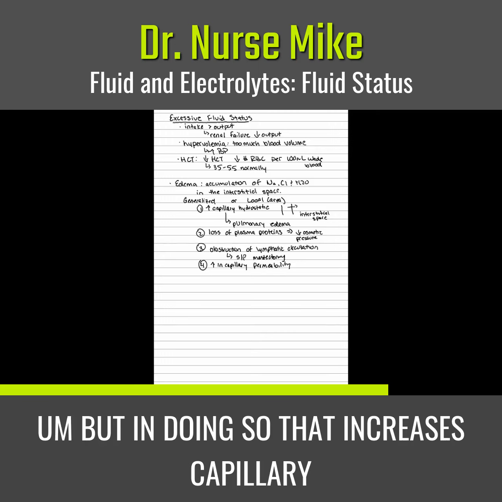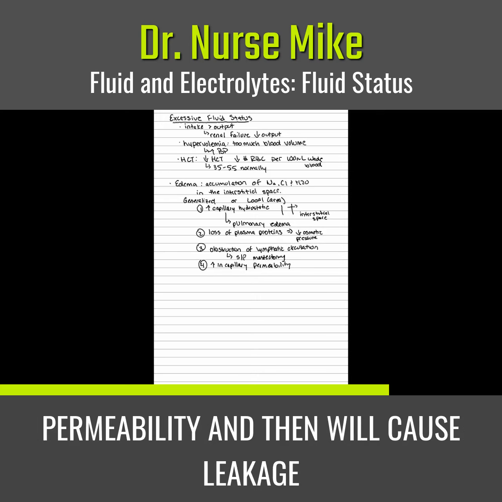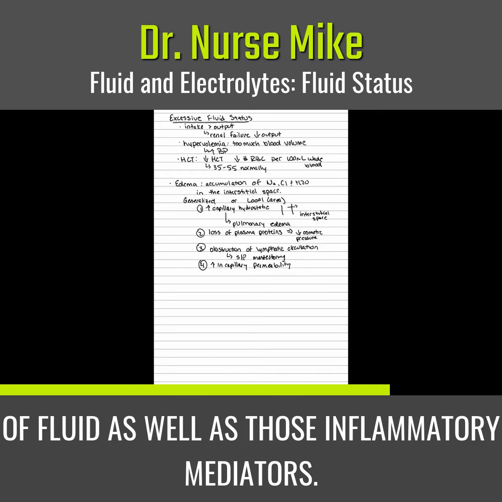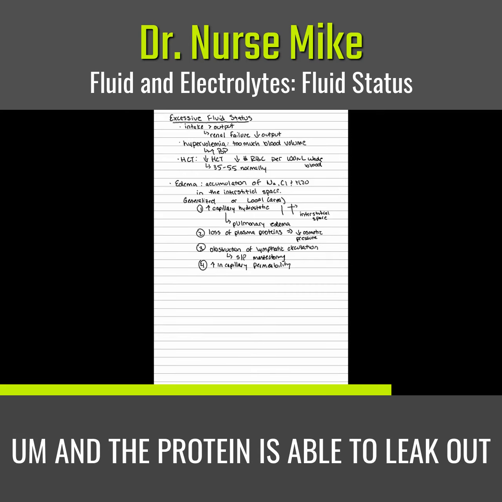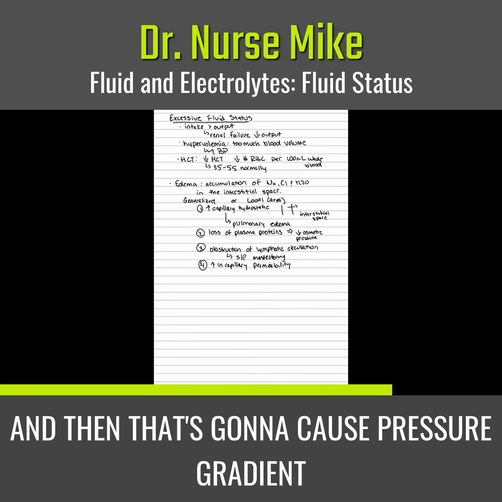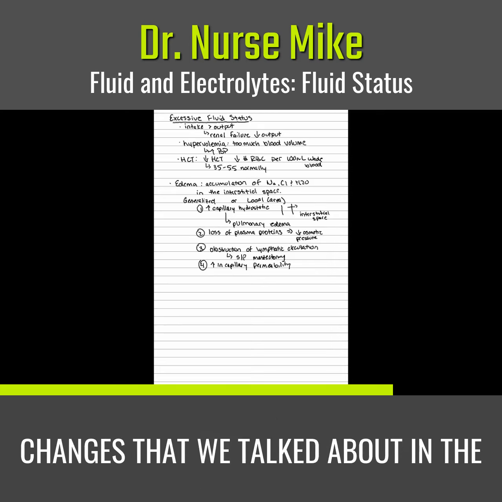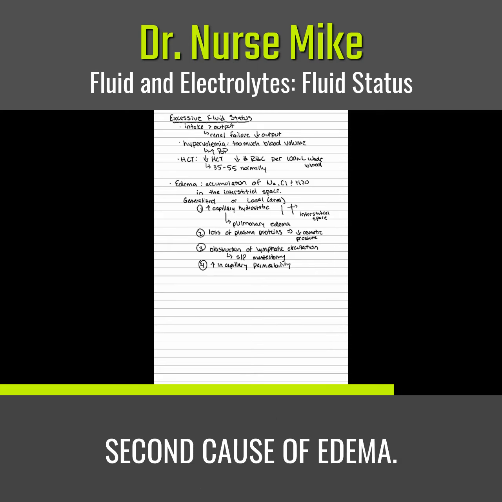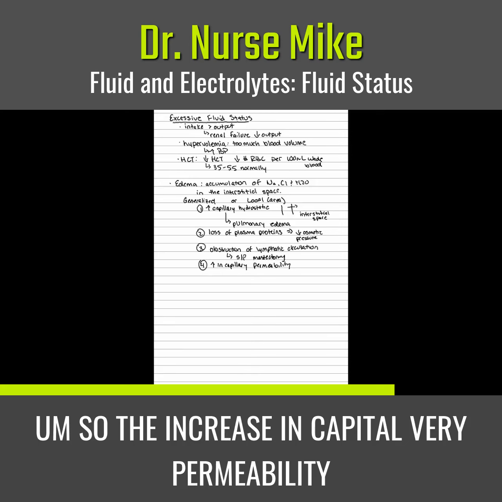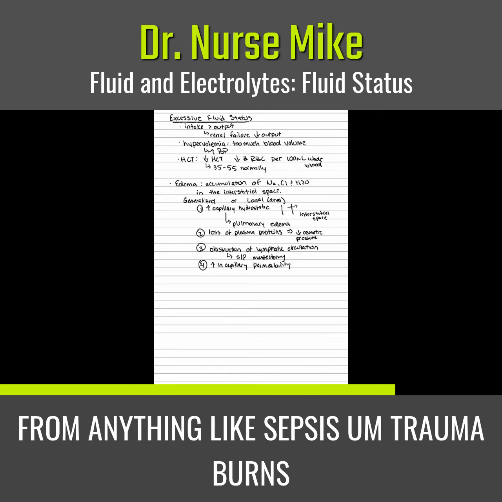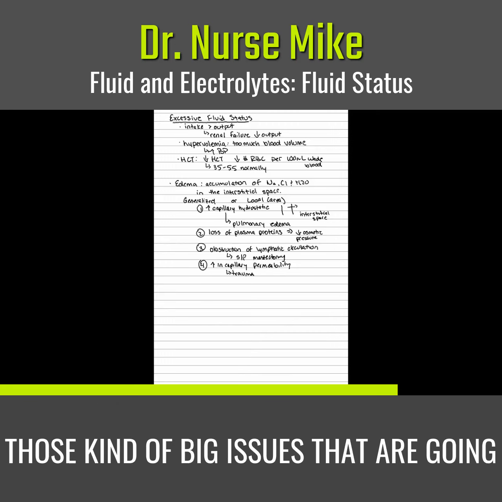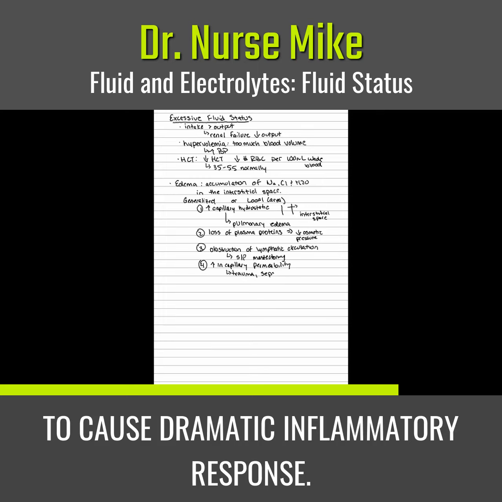But in doing so, that increases capillary permeability and causes leakage of fluid as well as inflammatory mediators, and the protein is able to leak out, which causes pressure gradient changes like we talked about in the second cause of edema. The increase in capillary permeability comes from things like sepsis, trauma, and burns, big issues that cause a dramatic inflammatory response.